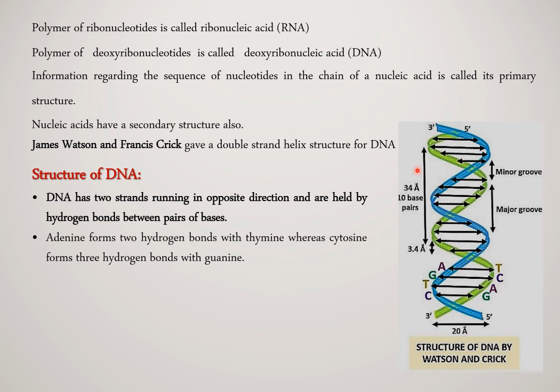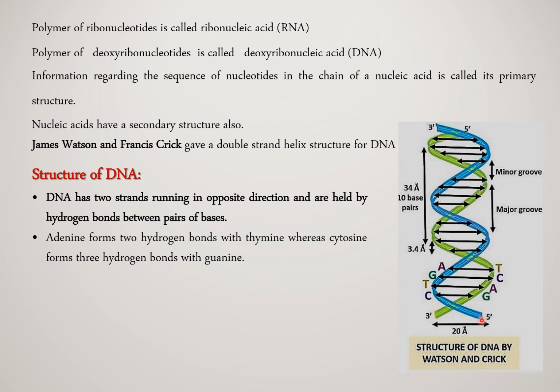You can understand this is one strand, running from 5' to 3', and this is the other strand, the blue color which you can see, which runs from 3' to 5'. So the two strands are running in opposite directions.